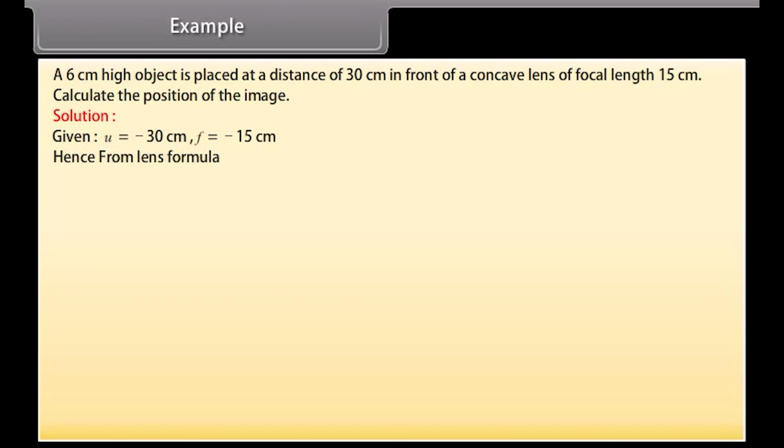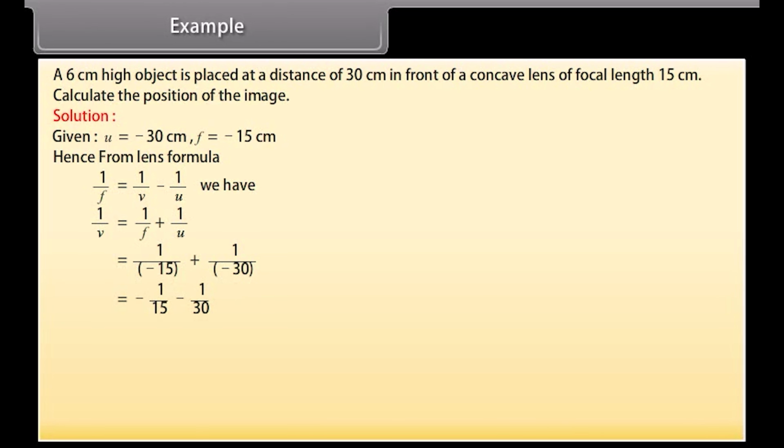Hence, from lens formula, 1/f = 1/v - 1/u. We have 1/v = 1/f + 1/u = 1/(-15) + 1/(-30) = -1/15 - 1/30 = -3/30, or v = -30/3 = -10 centimeters.